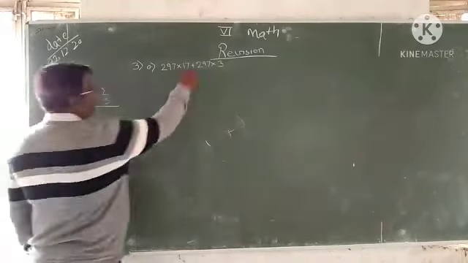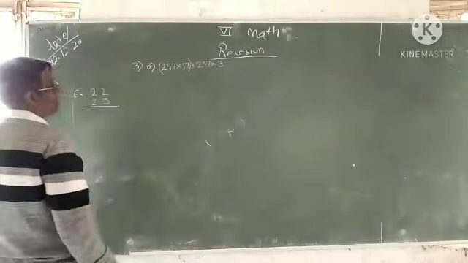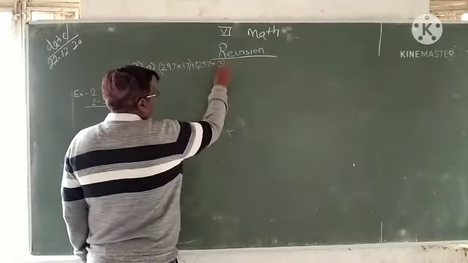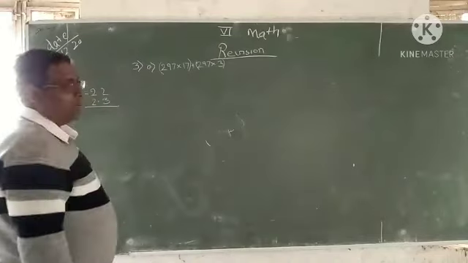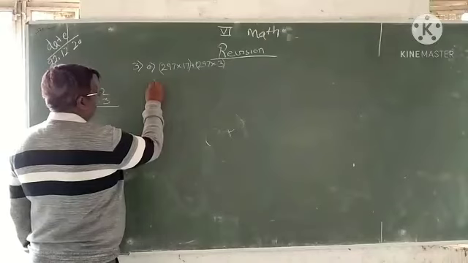In this case, we can multiply 297 with 17, and then we can multiply by 3 also. But that will take a longer time.